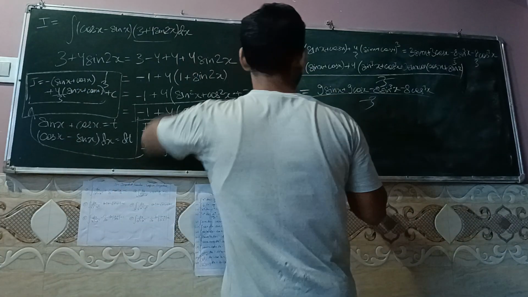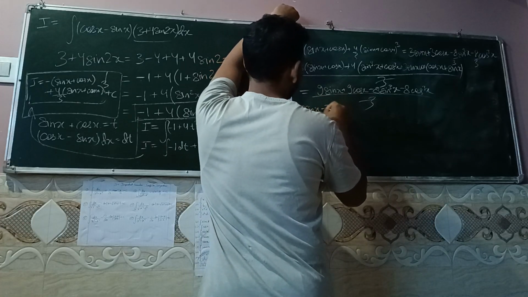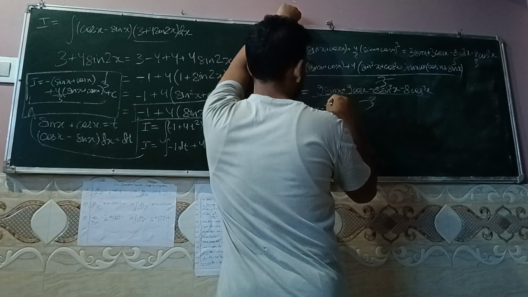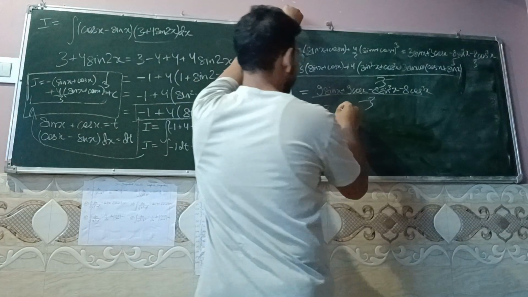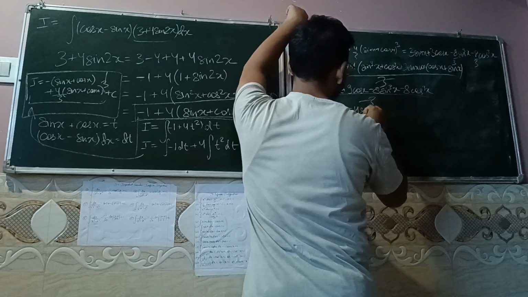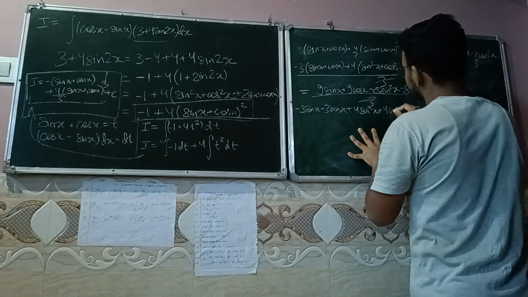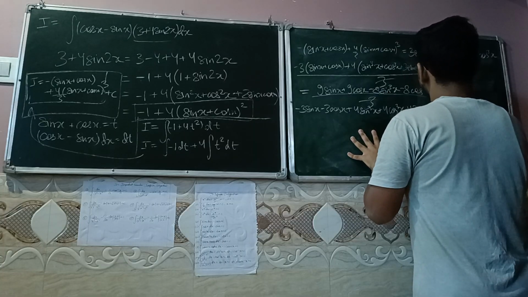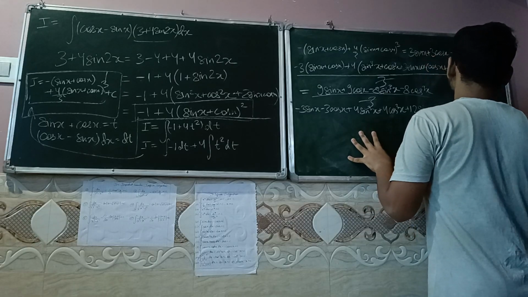Looking at the left hand side, we have minus 3 sin x minus 3 cosine x, and we have 4 sine cube x plus 4 cos cube x plus 12 sin x cos x times cos x plus sin x.